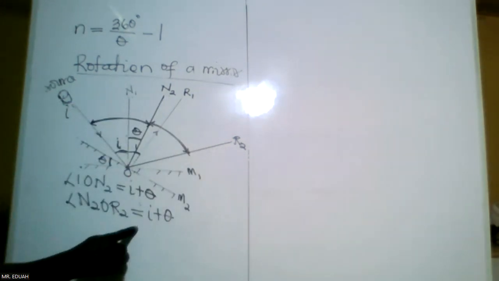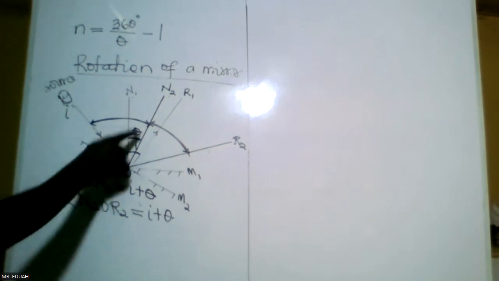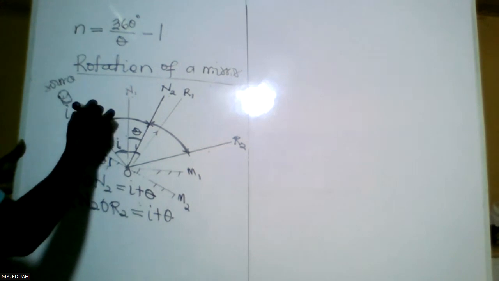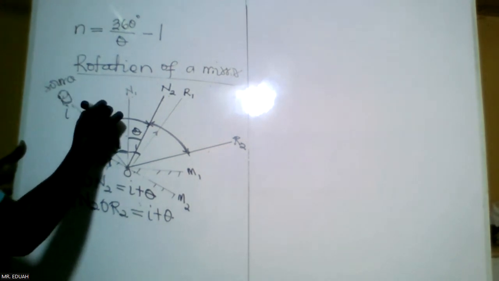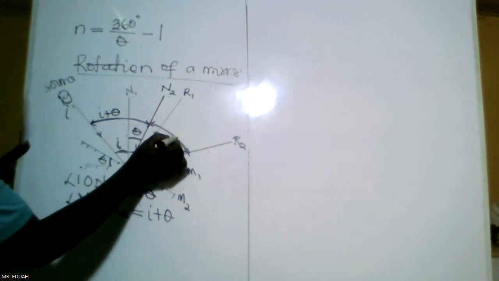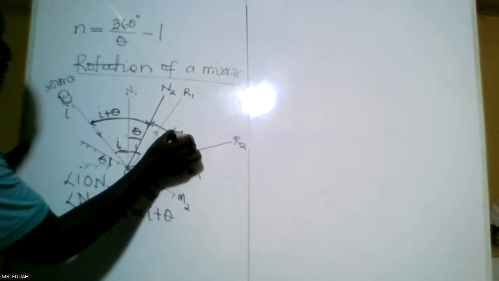So N2OR2 must be equal to IO2N2 because angle of incidence equals angle of reflection. So we are saying this is I plus theta. Then this must also be I plus theta.